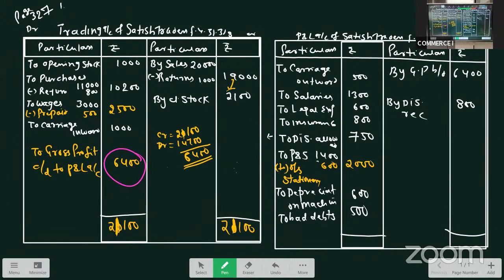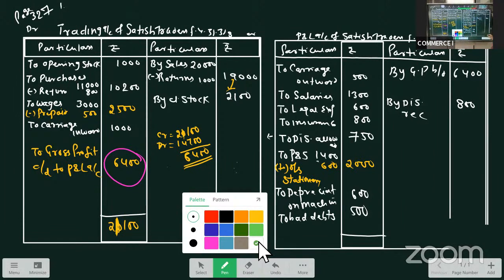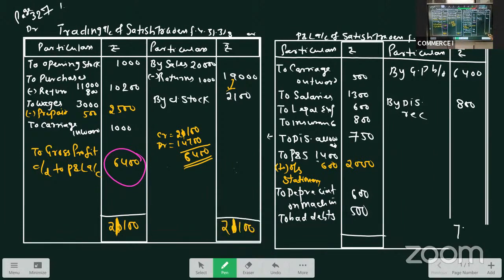Now let us close the profit and loss account. 64 plus 8, it is 7,200. The total on the credit side is 7,200.